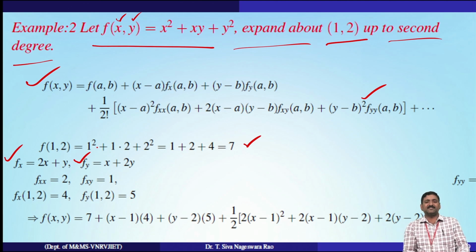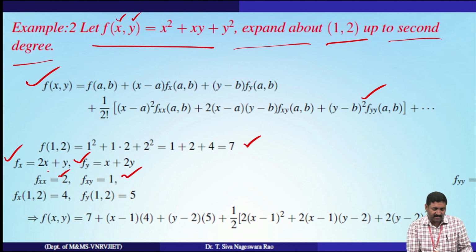Now substitute x equals 1 and y equals 2 in the first order partial derivatives. You will get fx value as 4 and fy value as 5.